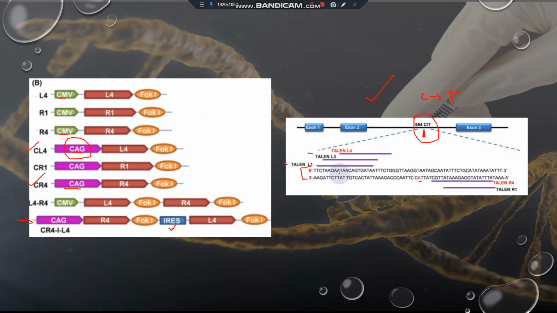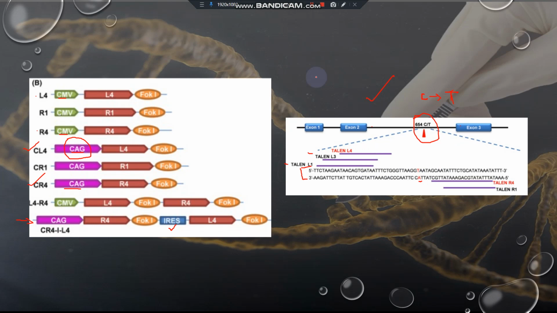So what happens here is we basically have mutations in red, as I told you, that the hemoglobin gene mutation is shown in red, whereas the targeting sites are indicated by the purple lines. These purple lines indicate targeting sites, which dimerize and cause a double strand break.